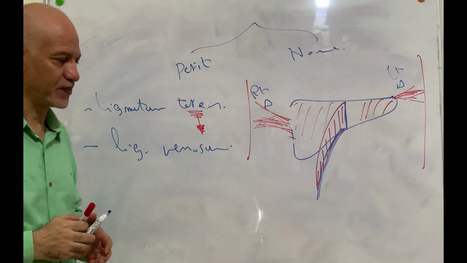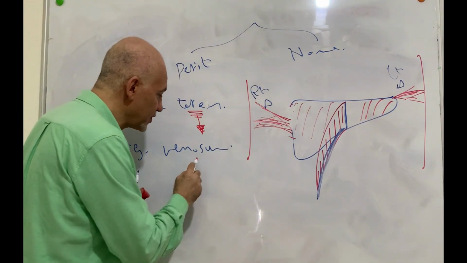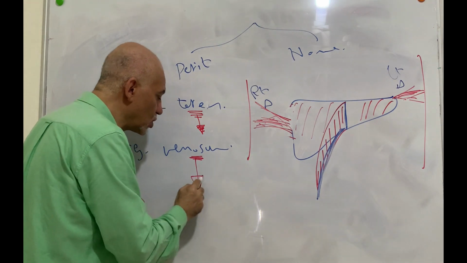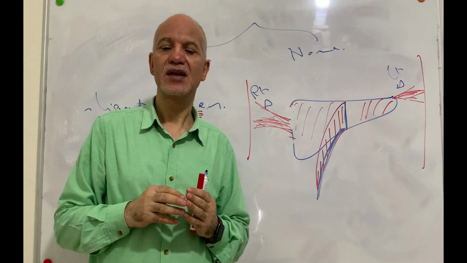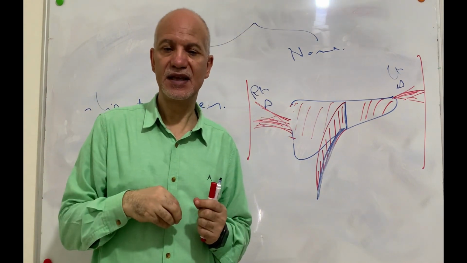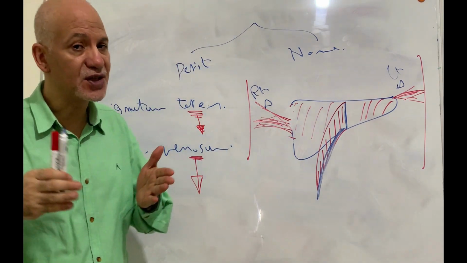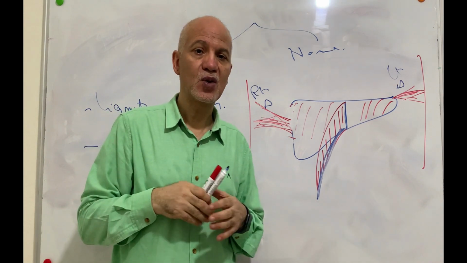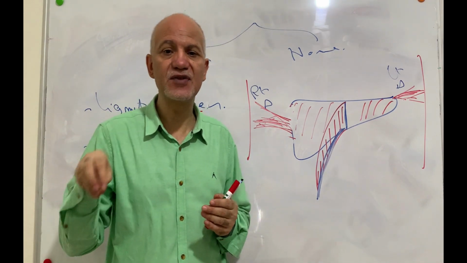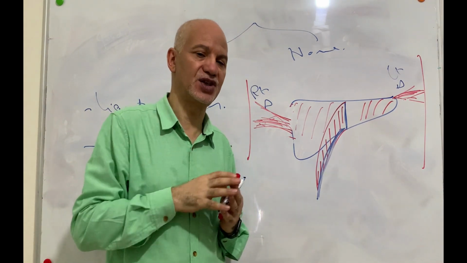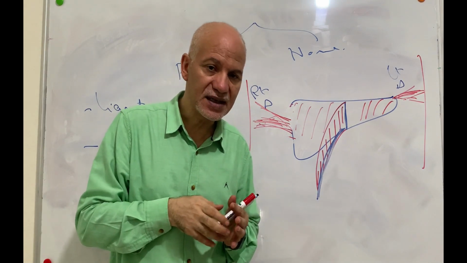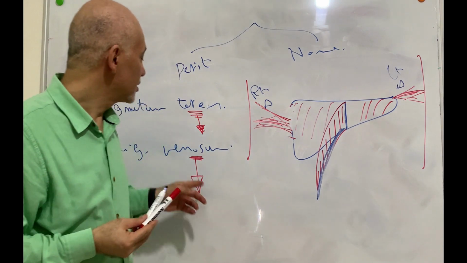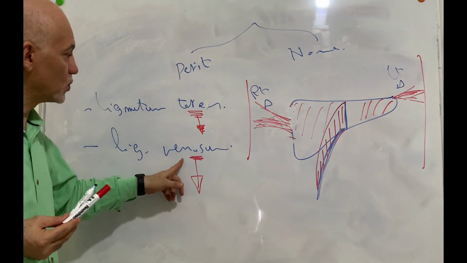Ligamentum venosum also was a vein and became obliterated. It connected the left portal vein with the inferior vena cava in fetal circulation, and became obliterated after birth and now becomes the ligamentum venosum.